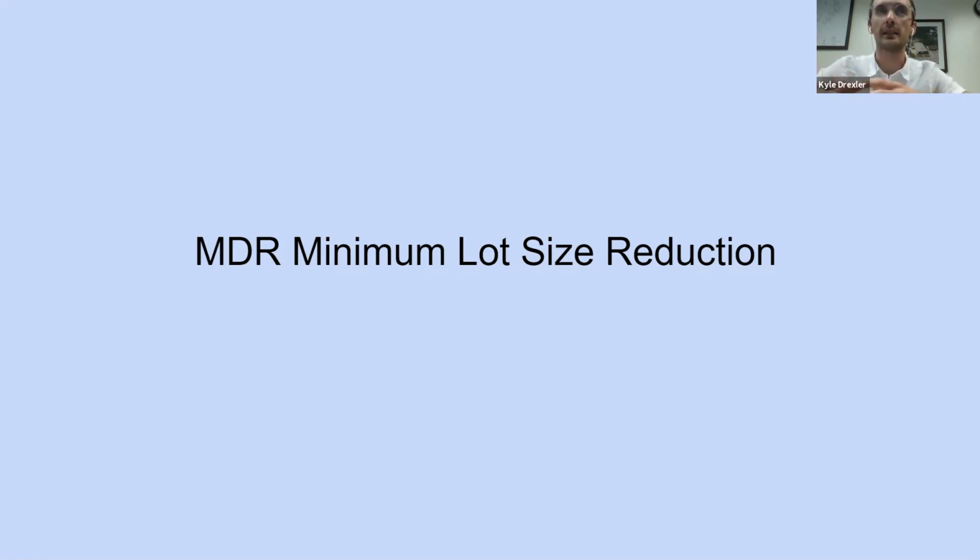So even though the lots may be fairly smaller than what is currently allowed in the MDR, it would still have a very residential feel to it, where the houses might be closer together and on less land, but it would be still that single use residential type feel to it, like I was talking about before.